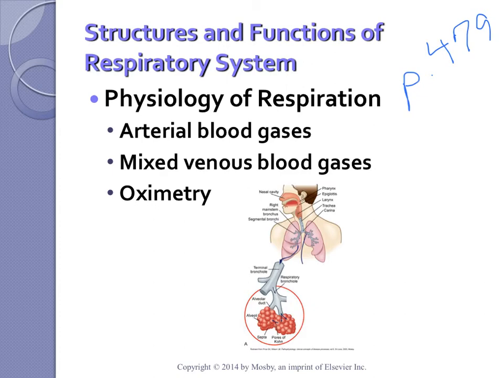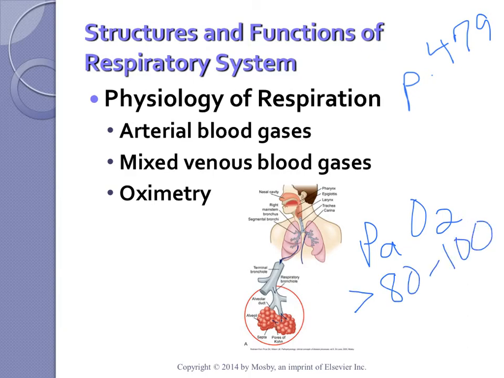So just a reminder on your need to know sheet, the PaO2, which I think on your sheet I have listed as just PO2, the normal is greater than 80 to 100, and that is millimeters.